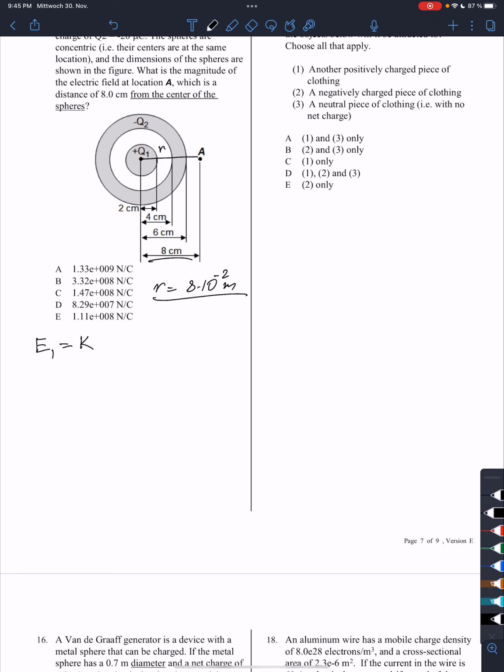It is K times Q1 divided by the distance to this point, R squared. That's the magnitude of this electric field.